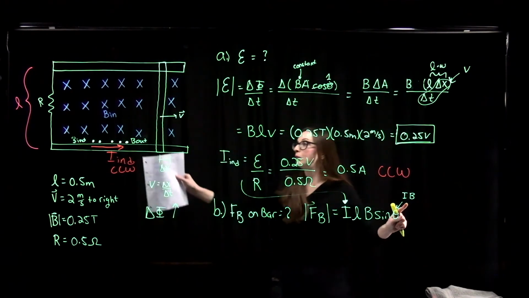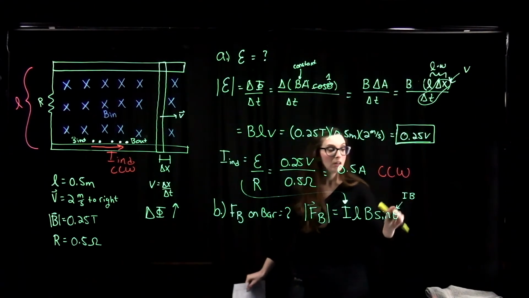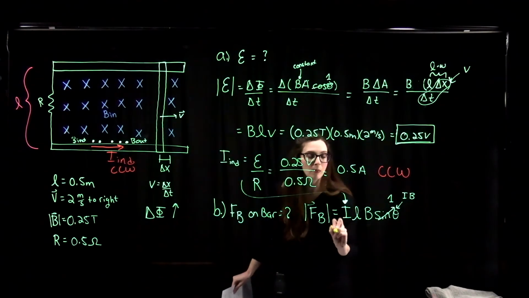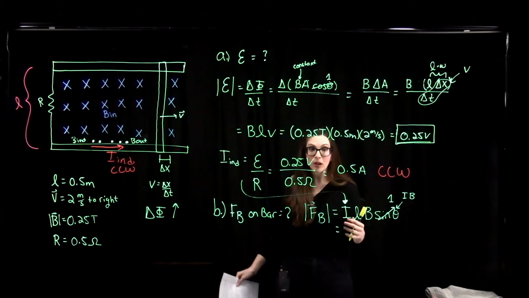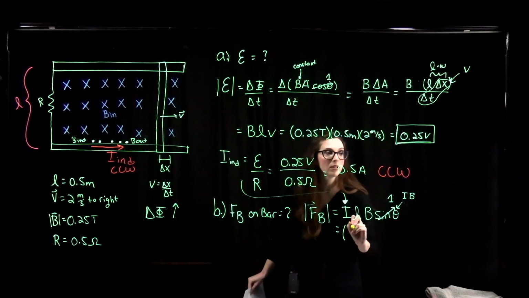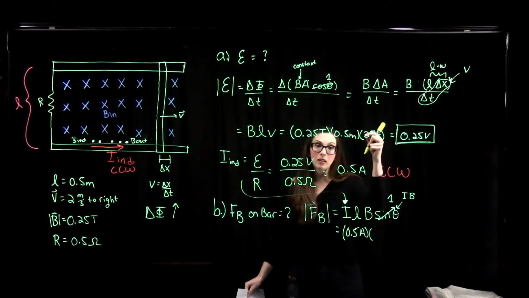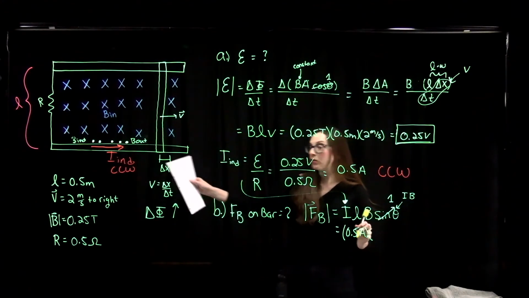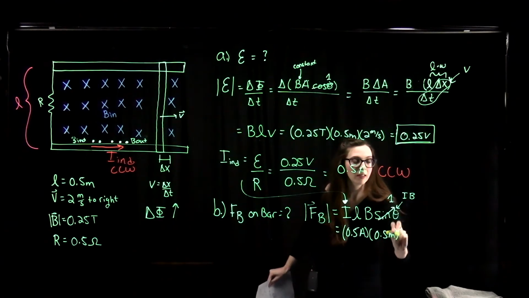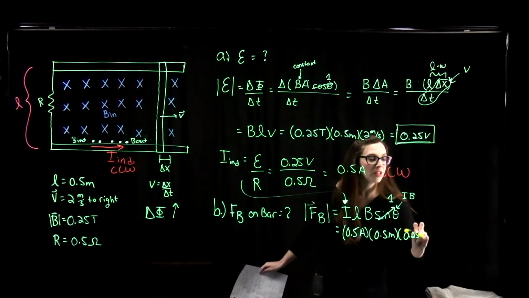And our induced current and our magnetic field are perpendicular to each other, so that's sine of 90 degrees, so this is 1. So the magnitude of the magnetic force on the bar will equal our induced current, which was 0.5 amperes, times the length of my conductor, which was 0.5 meters, times the strength of this permanent magnetic field, 0.25 Tesla.